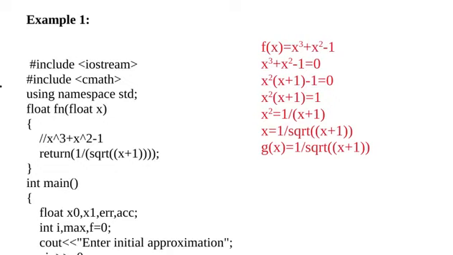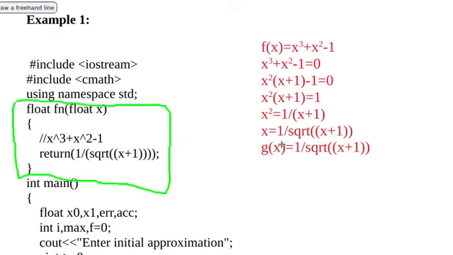So here first I am defining a function fn. Fn will evaluate the equation of g of x. First we need to find the equation g of x and substitute it here. Here we need to solve x cube plus x square minus 1, so put x cube plus x square minus 1 equal to 0.